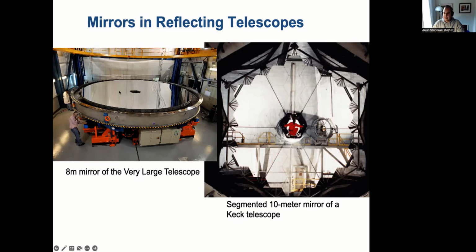And it was realized a couple decades ago, maybe even before that, that it might be easier, instead of making a single monolithic mirror, to make a bunch of segmented mirrors and make a large mirror out of smaller mirror segments. And that's exactly what this is. The Keck telescope. It's a 10-meter diameter mirror, and it's made of, I don't know how well you can see it on the video, hexagonal segments.